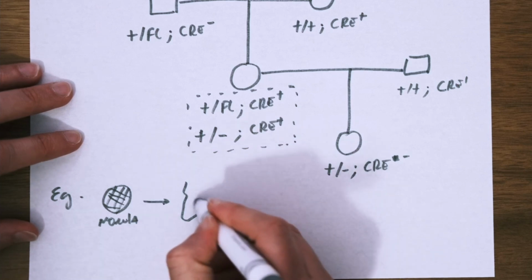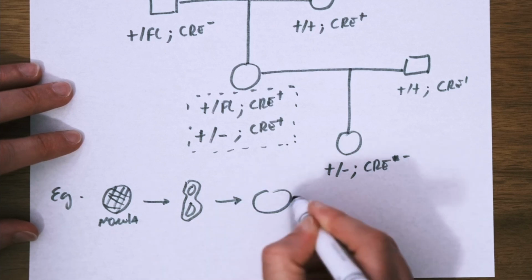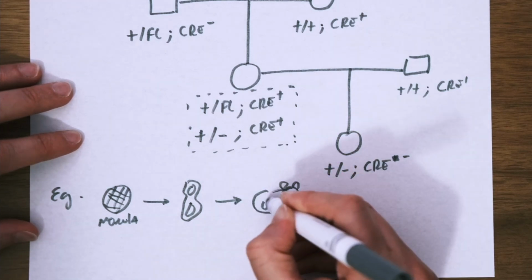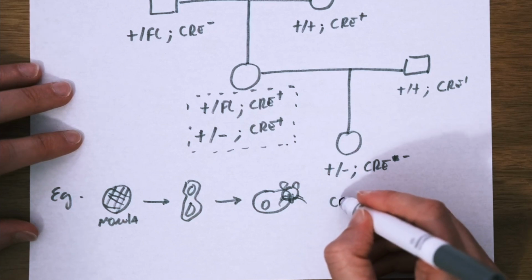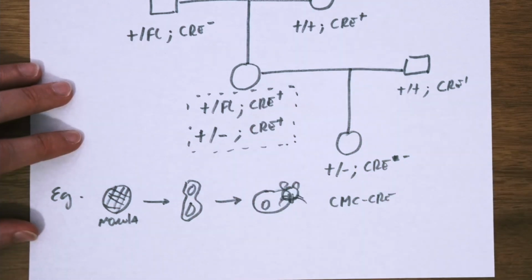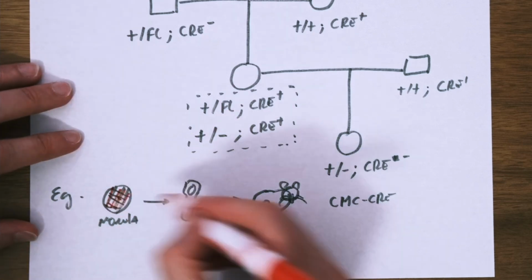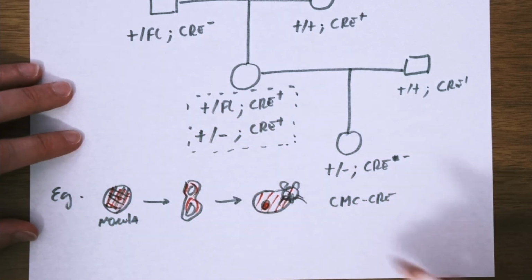Then you have the blastocyst, it's a mouse blastocyst, and then we have a mouse with the germline over there. If you use a Cre that is expressed in almost every tissue, such as the CMV Cre, you have deletion from very early on. So all of the tissues of the animal, including more importantly the germline, have the deletion, and all of those animals will be transmitting the allele.